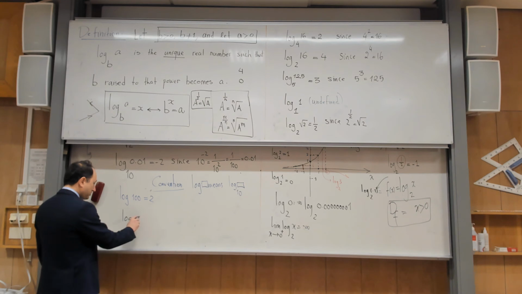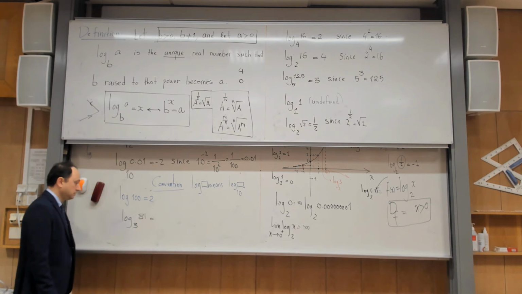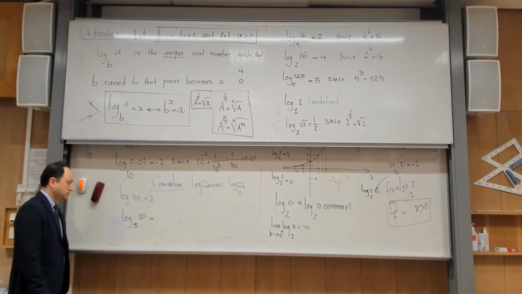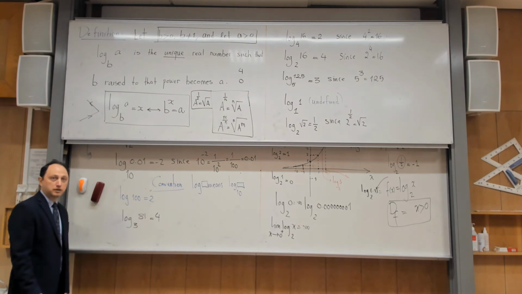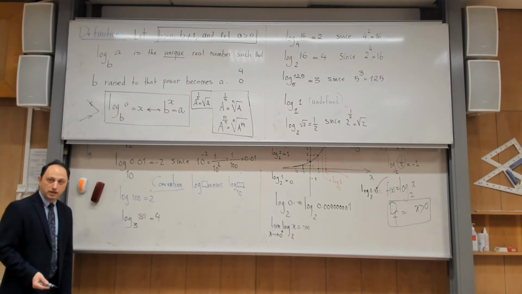Let us just test some simple ones. 81 in base 3. What's the answer? What is that, everyone? 4. It's 4. Why? Because 3 to the power of 4 is 81. 3 times 3 is 9, times 3 is 27, times 3 is 81.